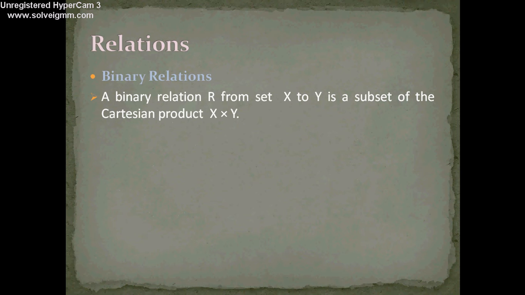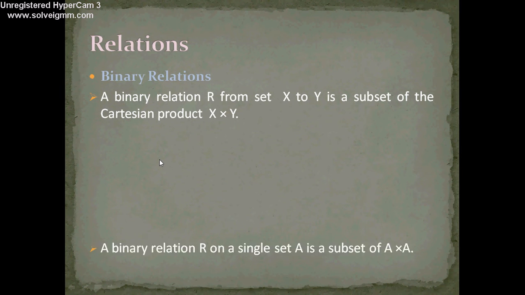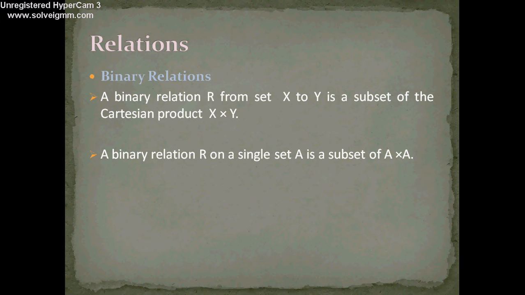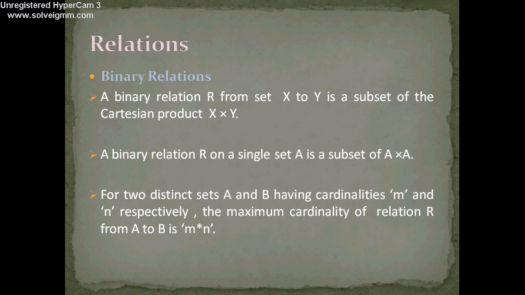A binary relation R from set X to set Y is a subset of the Cartesian product X cross Y. It also consists of ordered pairs, and they form a subset of the Cartesian product X cross Y. Now if we have a single set A, then the binary relation is defined on A and therefore it is a subset of A cross A. For two distinct sets A and B having cardinalities M and N respectively, the maximum cardinality of a relation is M times N. We know that a relation is a subset of the Cartesian product, and if there are two distinct sets having cardinalities M and N, the Cartesian product cardinality will be M times N.